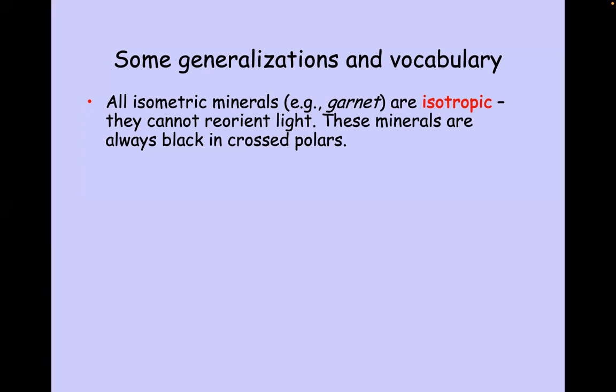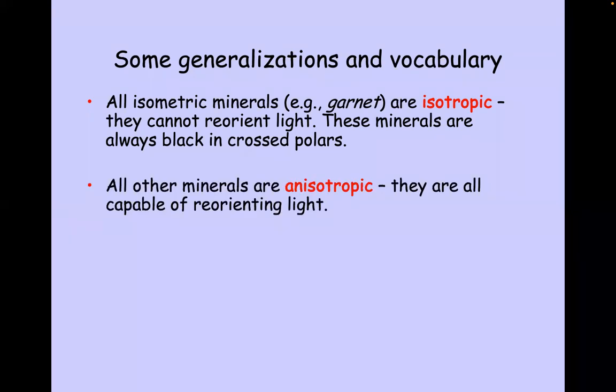The second point is that all other minerals except for these isotropic minerals are anisotropic, as I said. That means except for the isometric or cubic system, all other system minerals can be anisotropic, except for opaque minerals. They are capable of reorienting the light. If they can penetrate the light under PPL, that means when you insert the cross polars, you can have some colors.